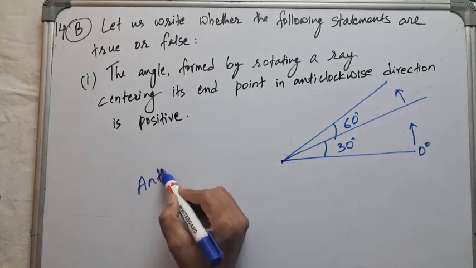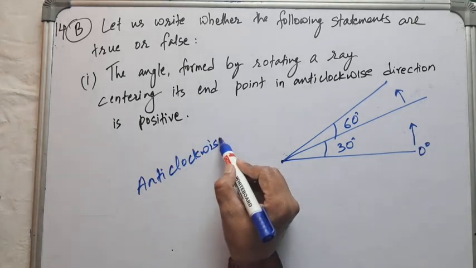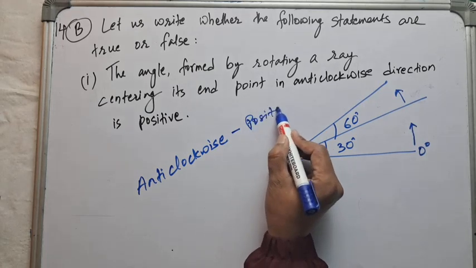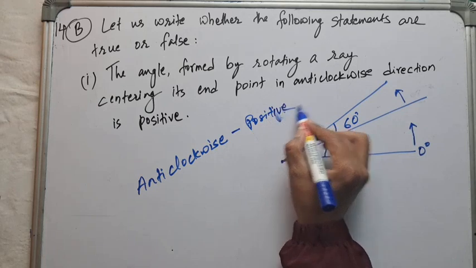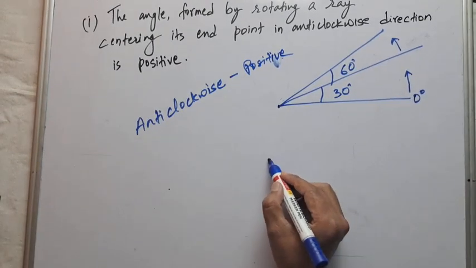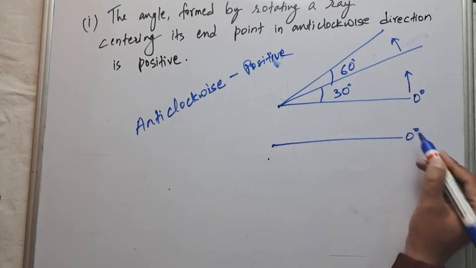Anti-clockwise means positive, opposite to the clockwise means positive. Angle formed is positive. But suppose this is the ray of line and this is the end point. We have 0 degree here.